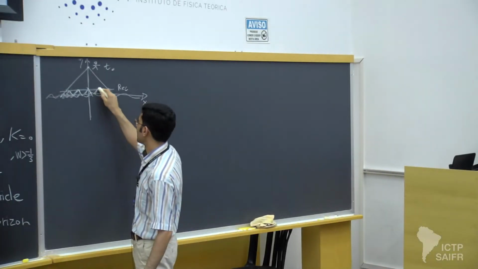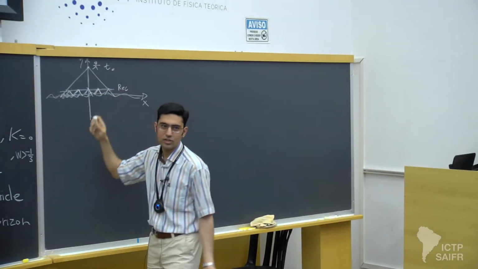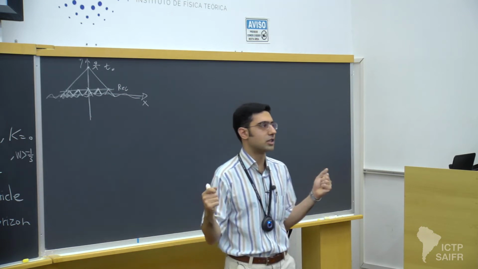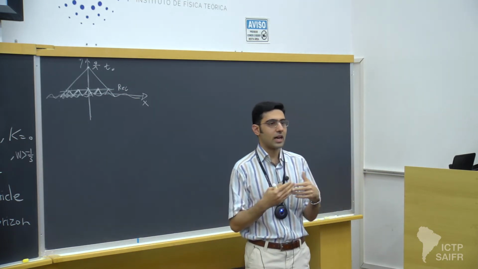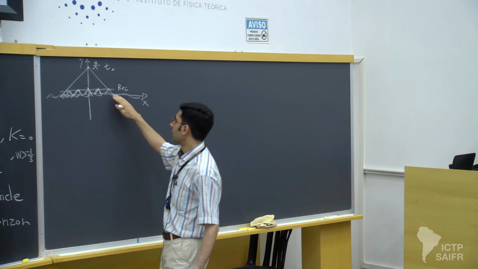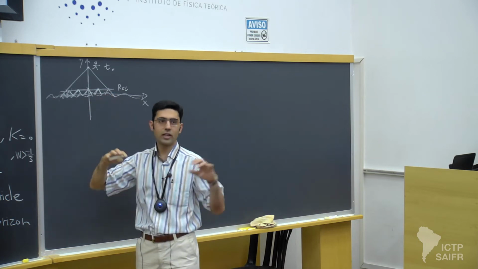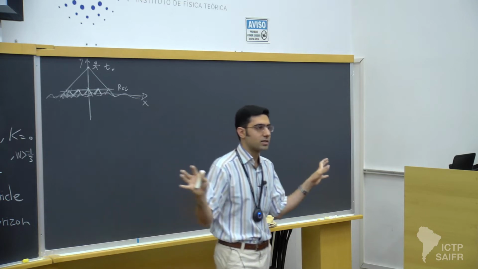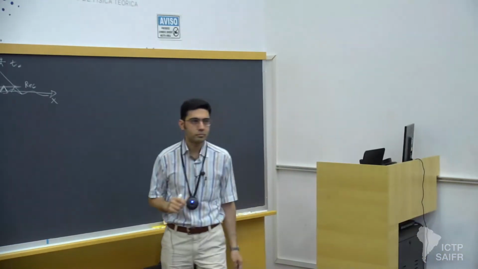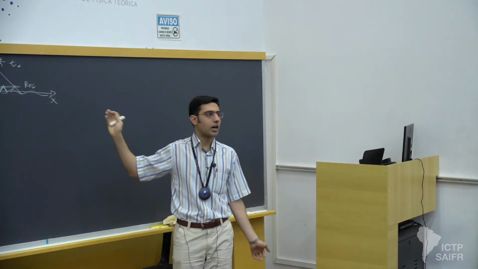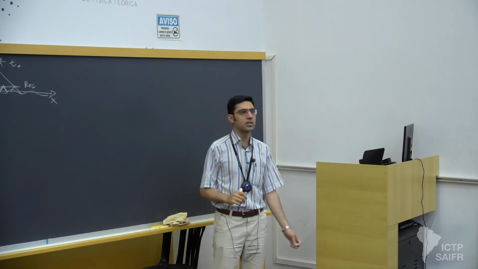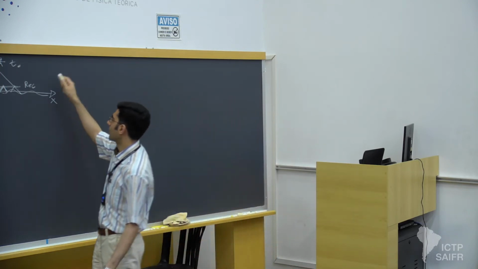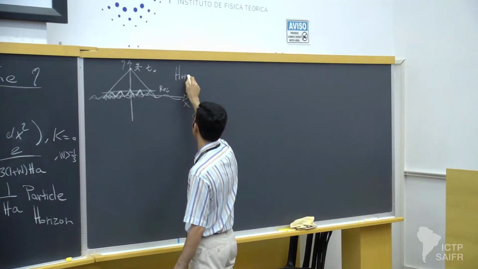This is, again, another fine-tuning of the initial condition. We have to have an initial condition which is very homogeneous over regions that are not causally connected to each other. Now, how does inflation solve this problem? By the way, this is called the horizon problem.